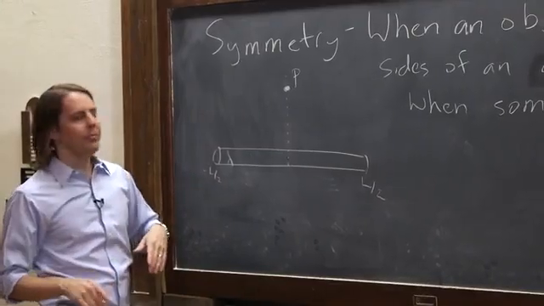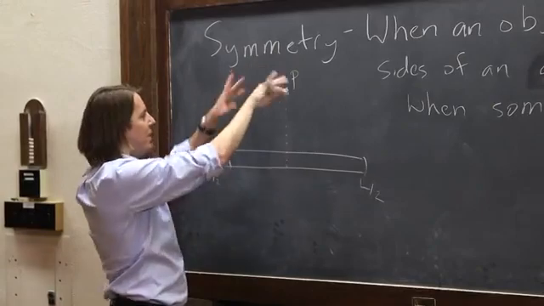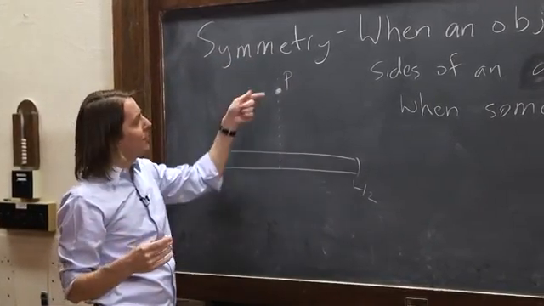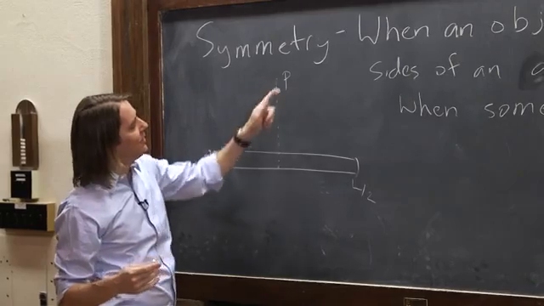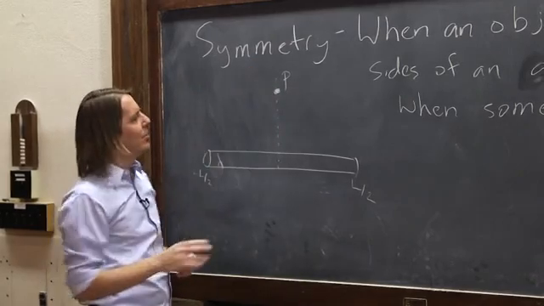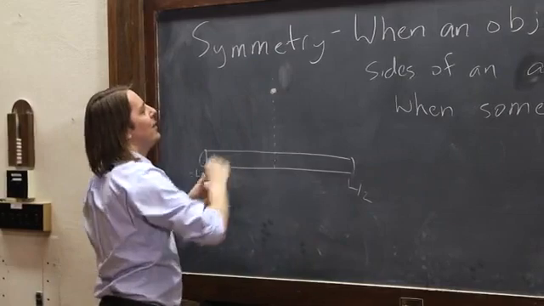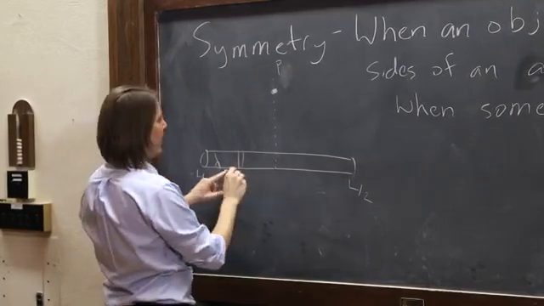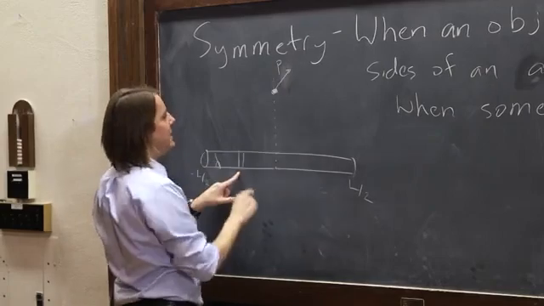We went into this problem and we thought about dEp and we calculated all the components, we did all these integrals, and it was a long problem. Half the difficulty was doing the x-axis and half was doing the y-axis. But let's think about it. If we had thought about symmetry, we might have realized that here is a dx right here. This dx is going to make a dEp like that.